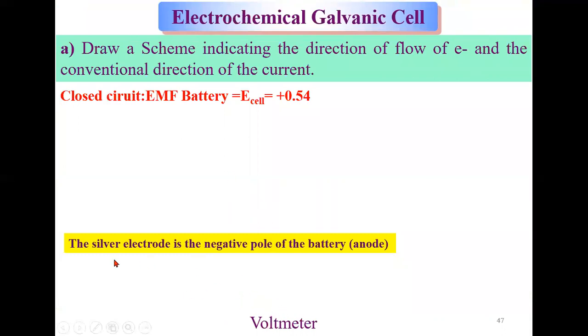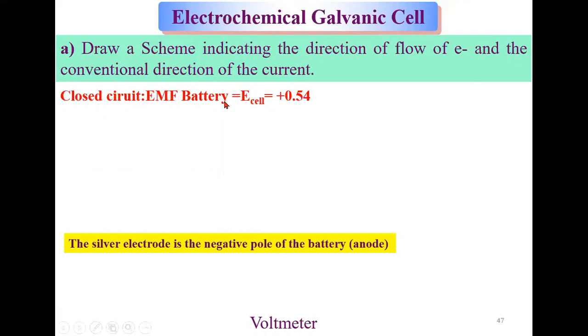So first, we know that the silver electrode is the negative pole of the battery. Great. And why did they say under a closed circuit, the EMF is the following, plus 0.54? They said that because once the circuit is opened, guys, we're no longer able to relate the E or the delta E of the cell to the concentration term, okay?